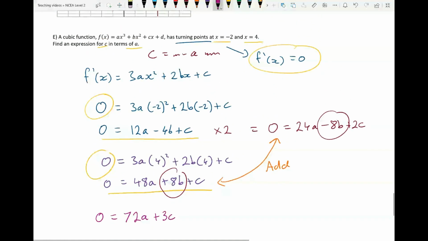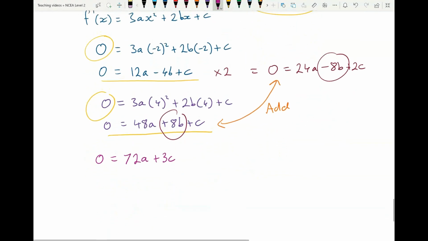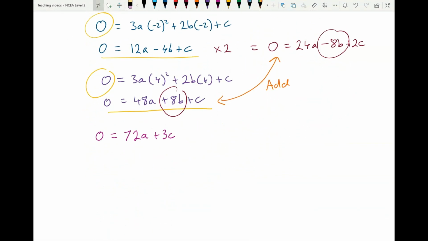So if we just remind ourselves of the question, find an expression for c in terms of a. So we need to rearrange this and solve for c. We'll take away 72a from both sides, and then divide both sides by 3. If we just double check, 72 divided by 3 is 24, so it's going to be negative 24. So c equals -24a.